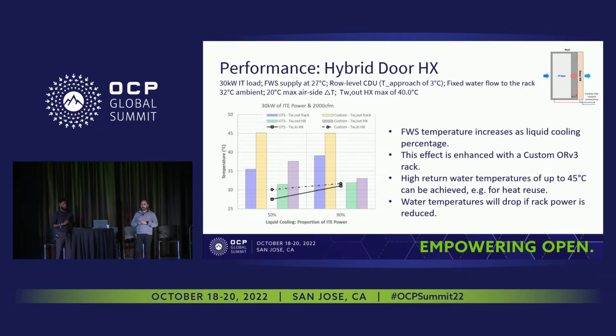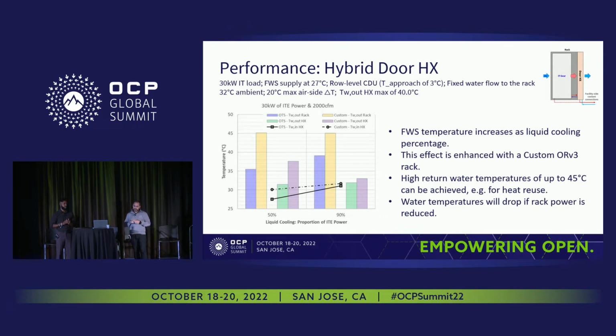This 5 degrees is very important. For example, if you want to use the heat of the rear door for heating purposes or whatever, this 5 Kelvin could save a lot of energy. Also, if you increase the proportion of liquid cooling in the system from 50 to 90, you are also able to increase the temperature of the supply water. So it's possible as well to save energy in that way.